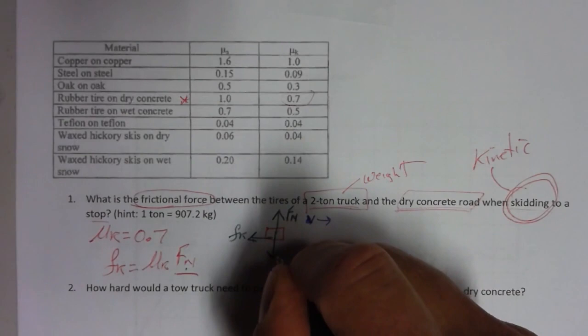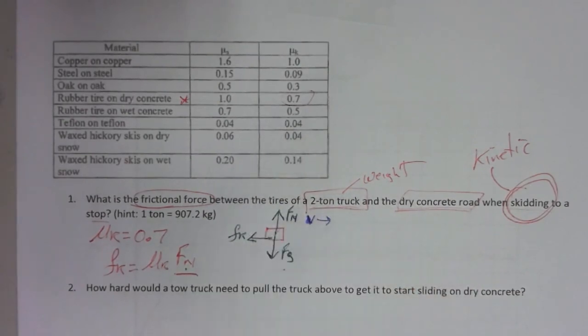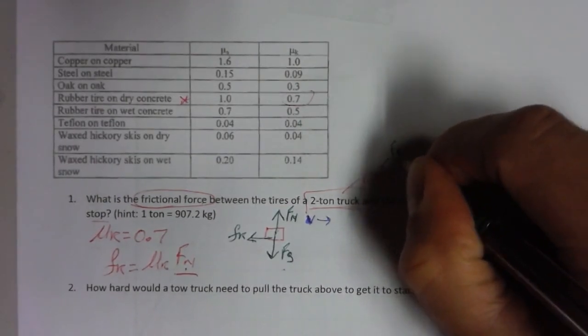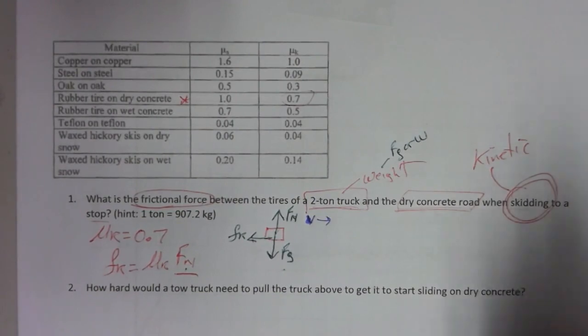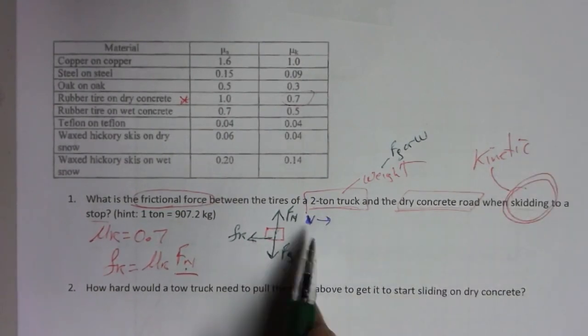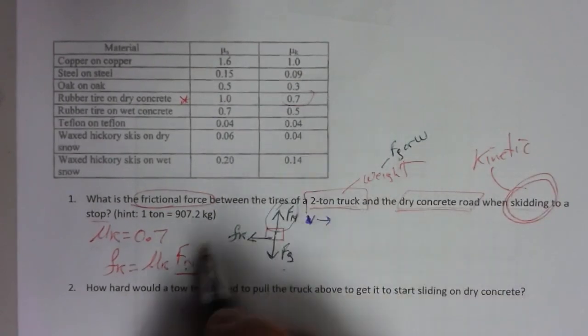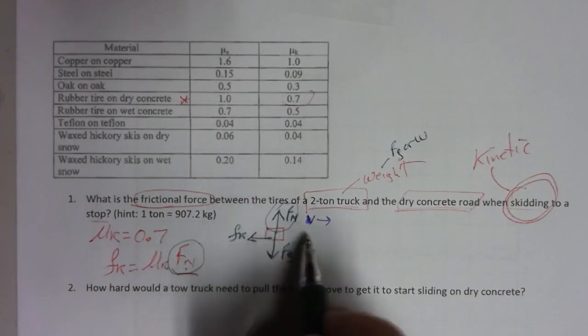So we've got the force of gravity, Fg. You could call that W for weight if you wanted to. There are our forces involved. I need this normal force to find that friction. There's no other way to do it.